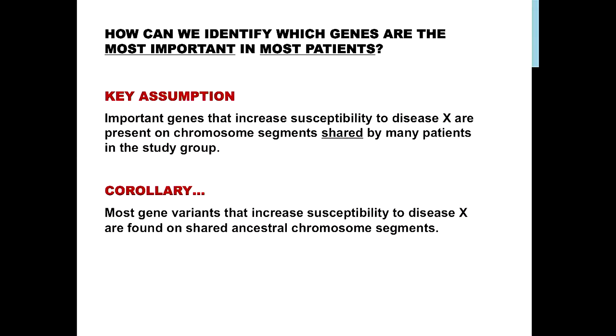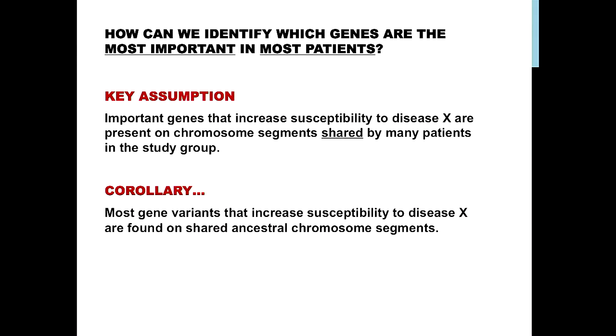So how can we identify which genes are the most important in most patients? The key assumption that we make here in genome-wide association studies is that important genes that increase the susceptibility to disease X are present on chromosome segments that are shared by many patients in the study group.